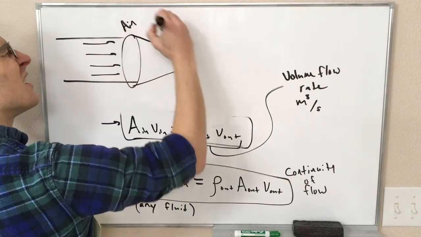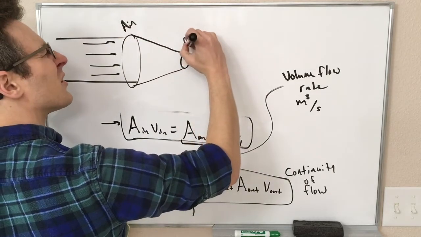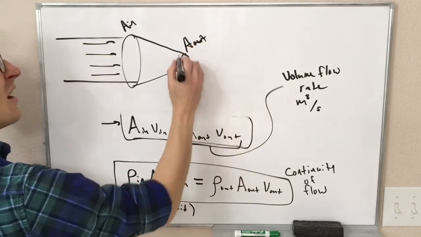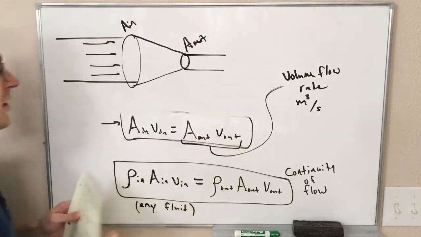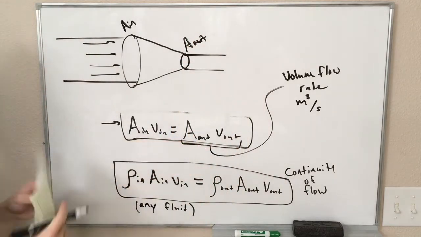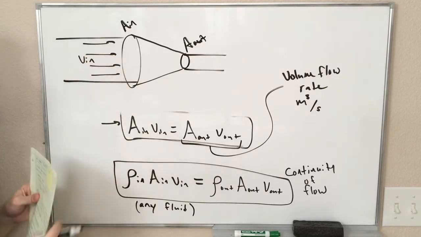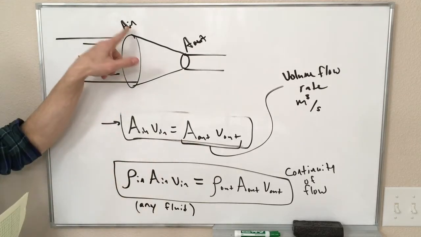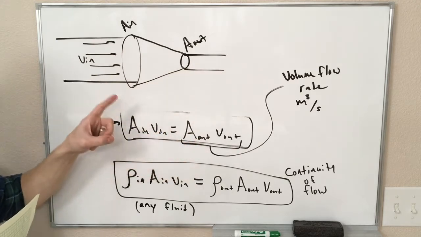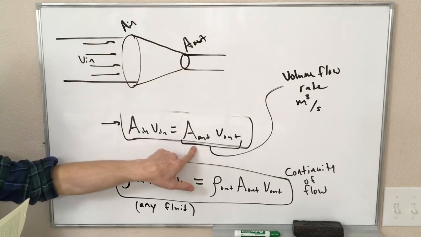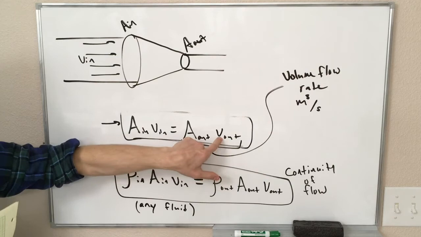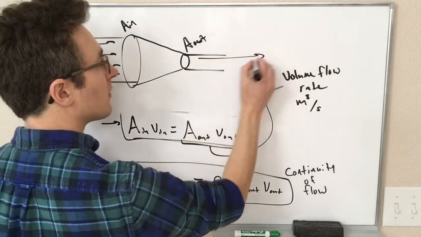So this is A in, this smaller area A out over here. In order for these two to be the same, if this is our velocity in over here, for A in V in to be equal to A out V out, if A out gets smaller, V out has to get bigger.